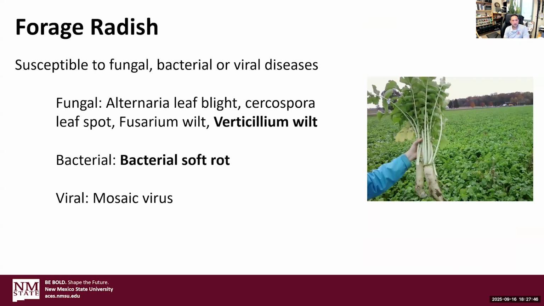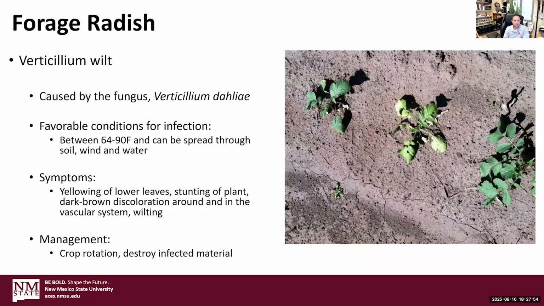Forage radish is susceptible to both Verticillium wilt as well as bacterial soft rot. Verticillium wilt is caused by the fungus Verticillium dahliae. Favorable conditions are between 64 and 90, so it has a pretty wide temperature range. It can be spread through the soil, wind, and water.